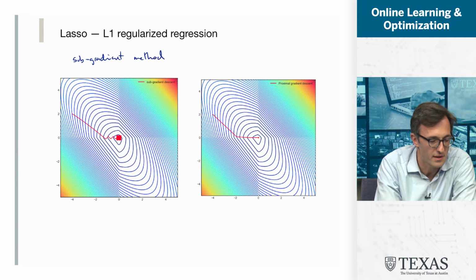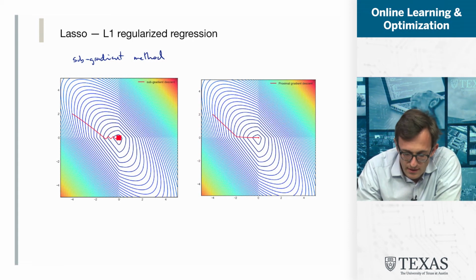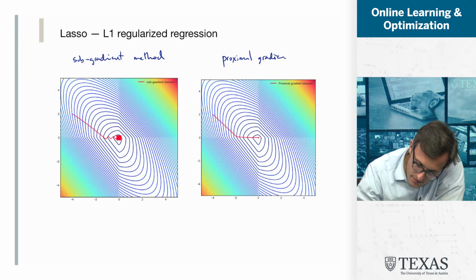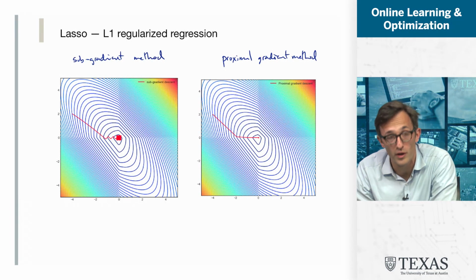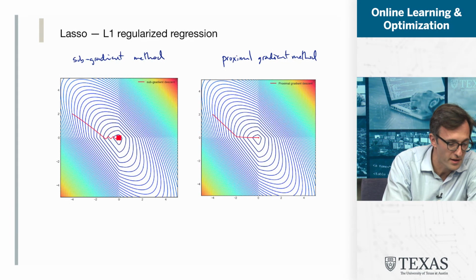It seems to be going around and around the solution, whereas the proximal gradient method is converging much more quickly and directly to the point. So let's turn to the computer now and just have a look at what those trajectories each look like.